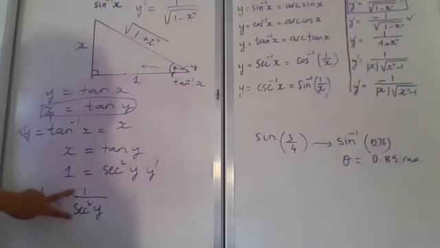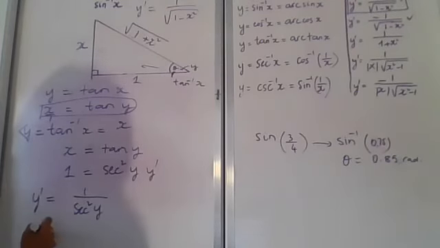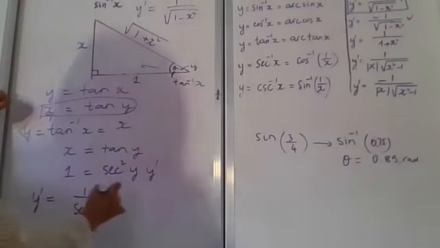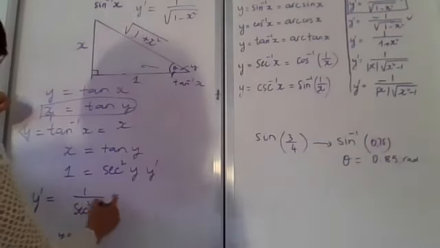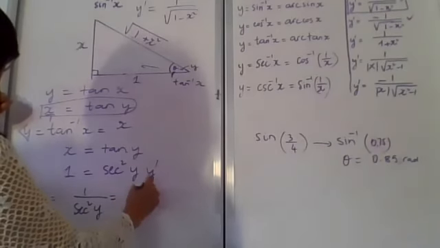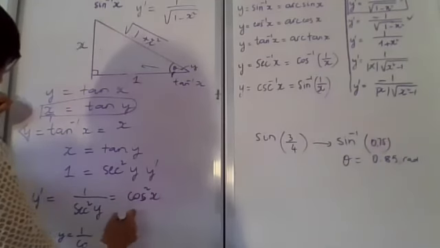And we know this is the reciprocal of cos, right? Because secant of y equals 1 over cos. So in here, we can write this as equal to cos squared y, right?